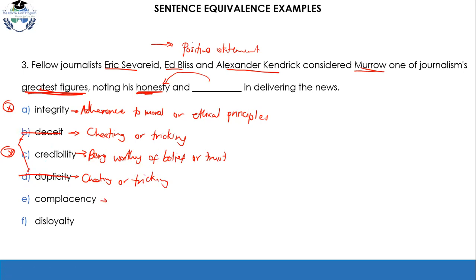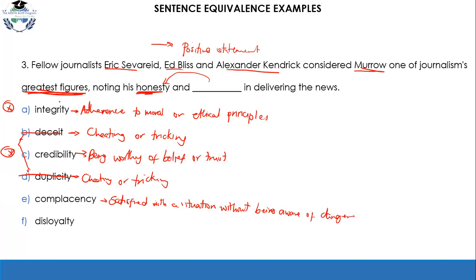Let's move on. Complacency here means being satisfied. So being complacent, like I'm complacent, means I'm satisfied with the situation, right? Satisfied with a situation without being aware of dangers.